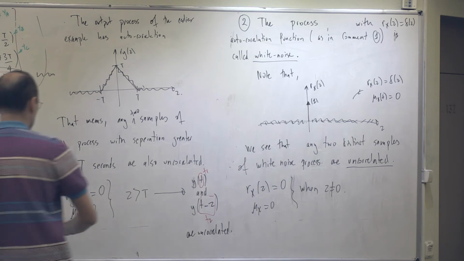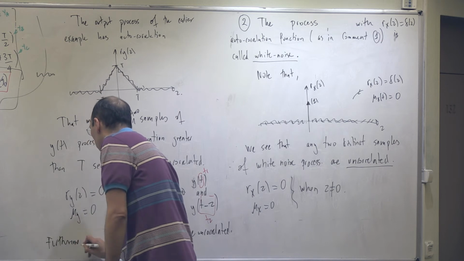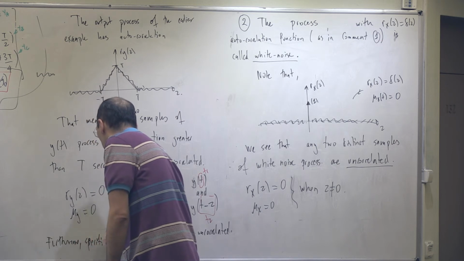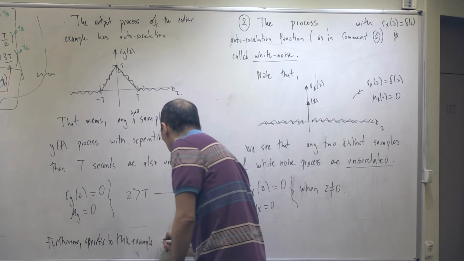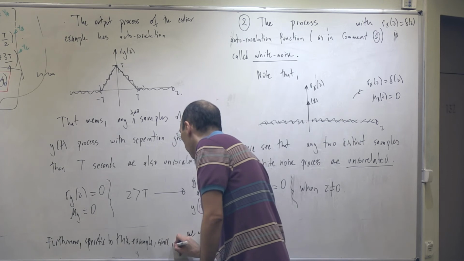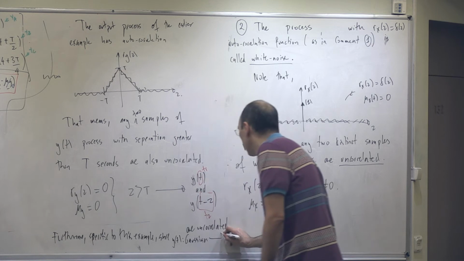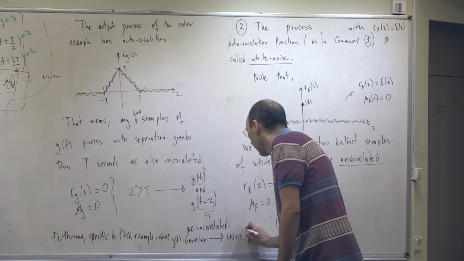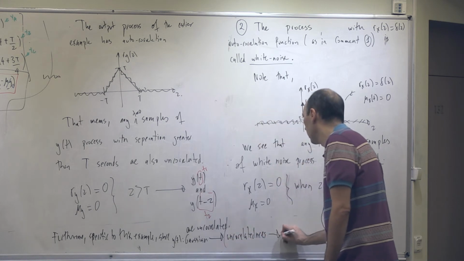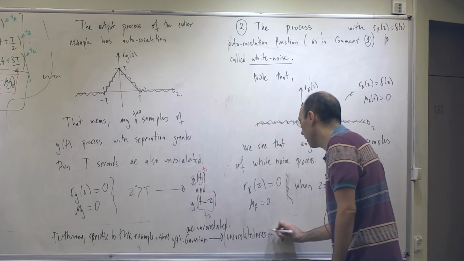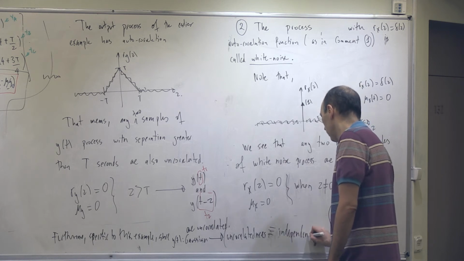But furthermore, specific to this example, since y of t is Gaussian, uncorrelatedness is equivalent to independence.